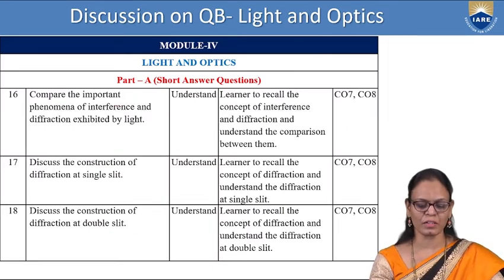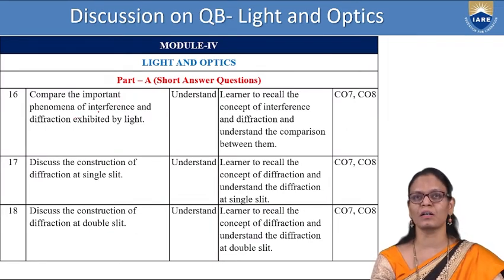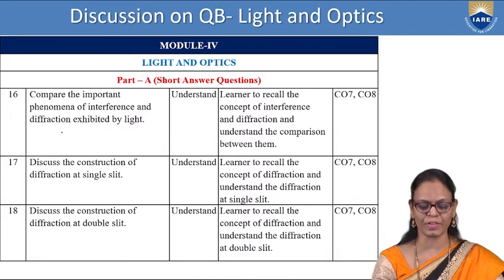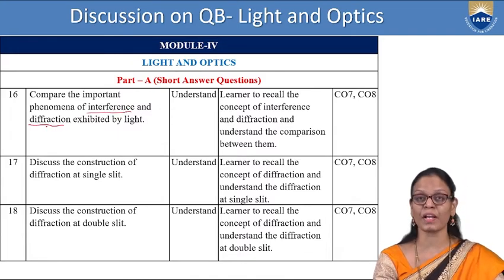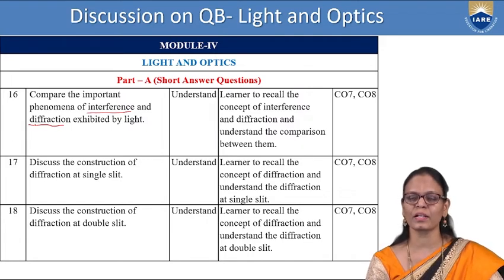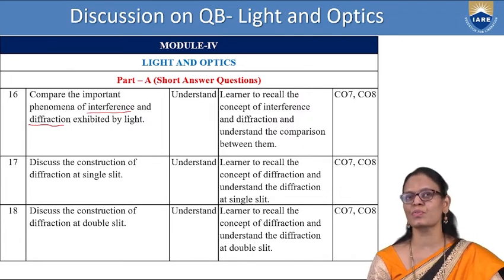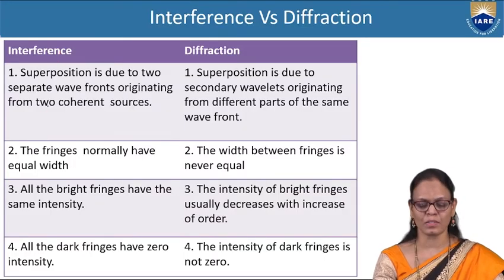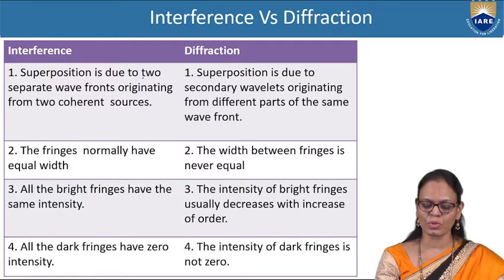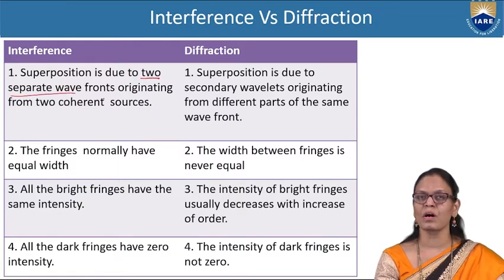Now compare the important phenomena of interference and diffraction. Since we have understood what is interference and what is diffraction, we'll try to compare the differences in these two phenomena. In interference, what we see is superposition due to two separate wavefronts originating from two coherent sources.